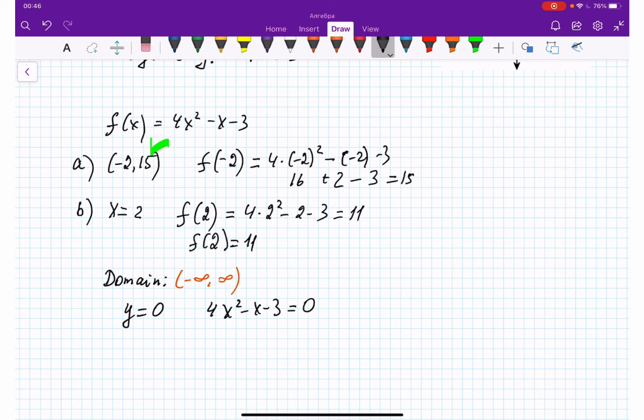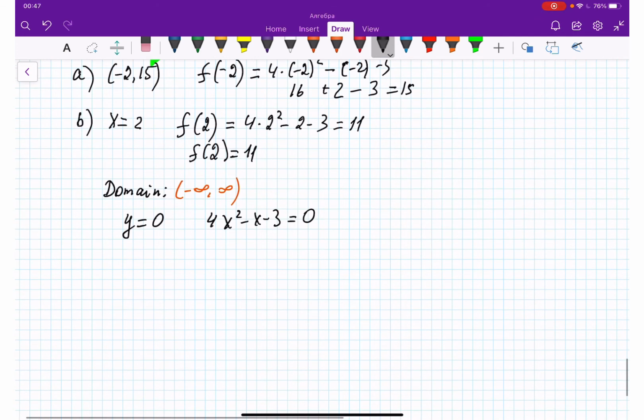If I solve this equation, 4x squared minus x minus 3, let me solve it. Okay, I'm going to solve it with the Vieta discriminant method. I will go slow, but I will put a reference to solving quadratic equations by discriminant at the end.